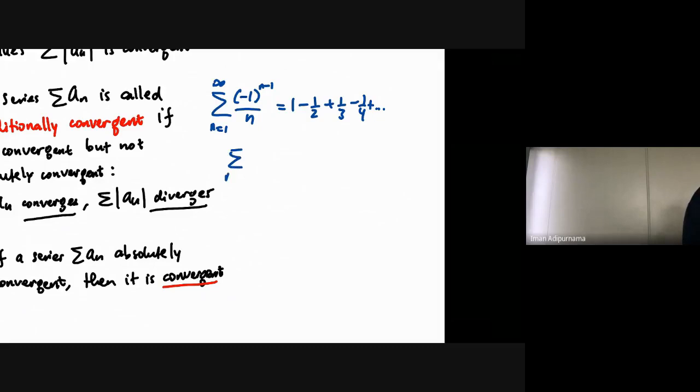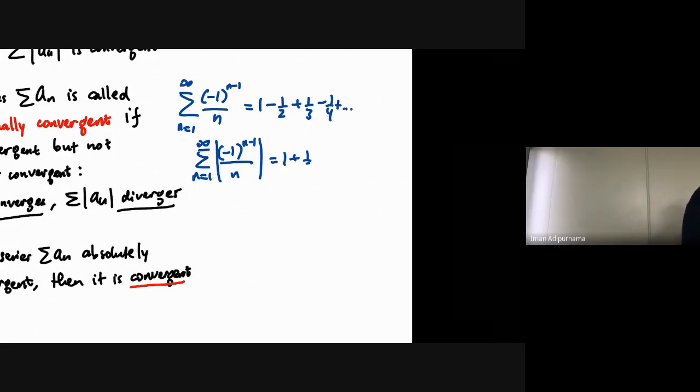If we look at the absolute value, this will be 1 plus 1/2 plus and so on, which we can also say is the P series, because it's 1 over n^p, and p is equal to 1 here.